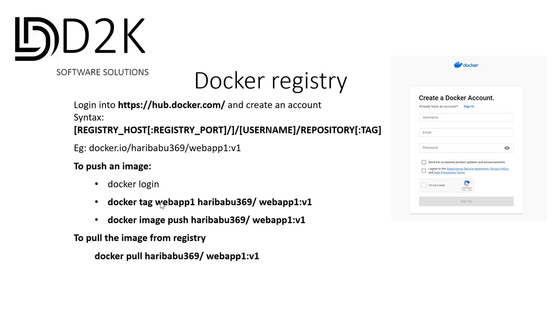Then you can use the command docker image push username, repository and tag. Once you push the image to the Docker registry, you can pull the image using this command. I'll switch to the command prompt to show the demo.